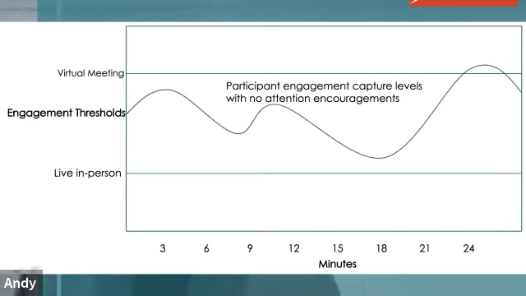Now, if we think in terms of this graph, most sellers underplan and underprepare for their virtual meetings. In fact, when we researched face-to-face selling, we found that most sellers do a lot of their planning between when the car door closes and the office door opens. Now, that might be okay for a lot of you, but there are so many more things you are going to need to do when you make that transition to virtual to keep your buyers' attention.